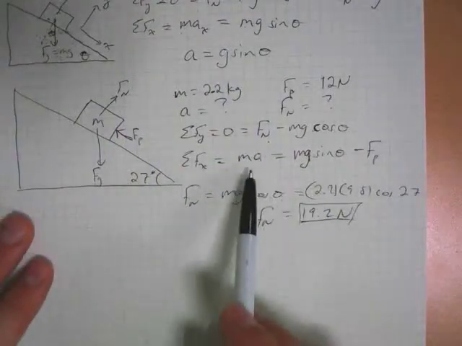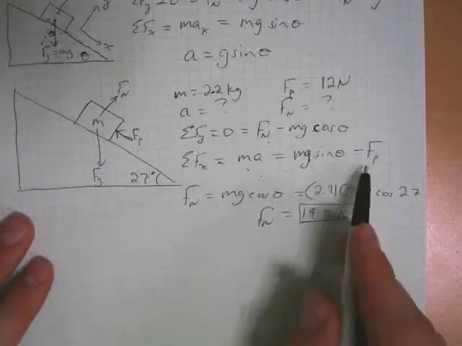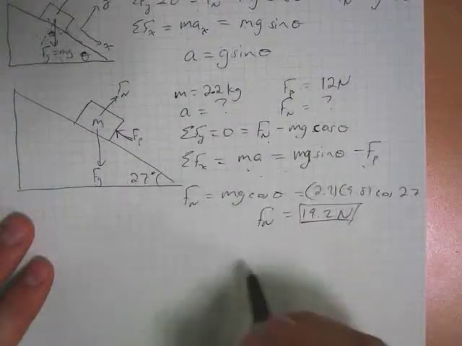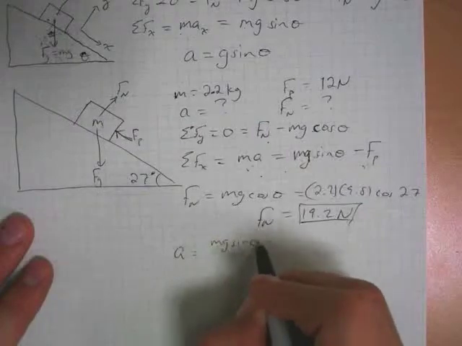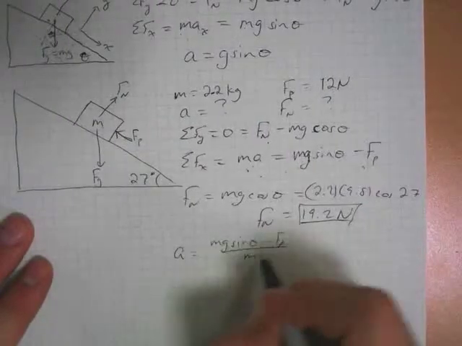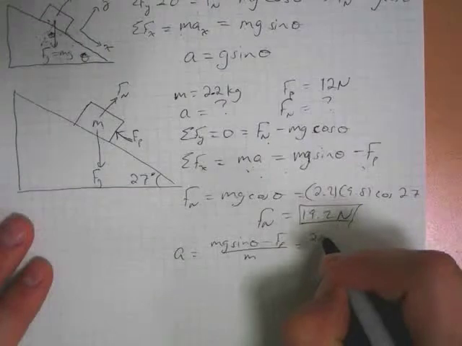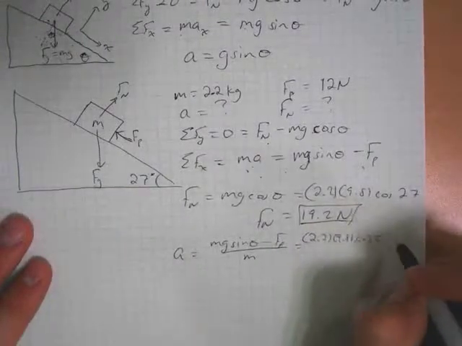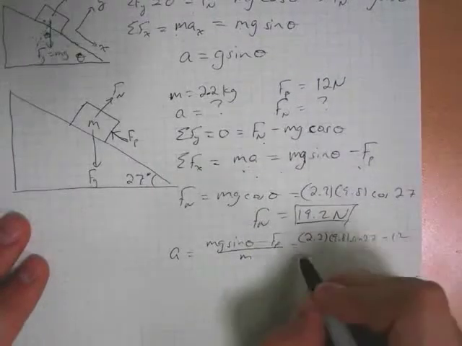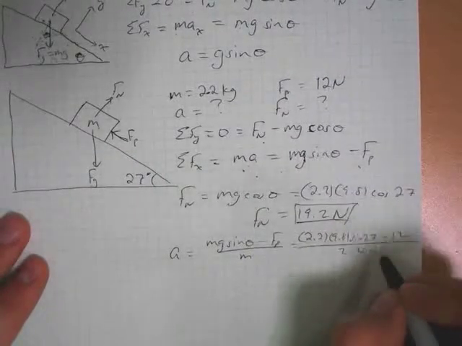And then in our x direction, we can rearrange and see that our acceleration is mg sine theta minus the pushing force, over the mass. So that's 2.2 times 9.8 sine 27 minus 12, all over 2.2.